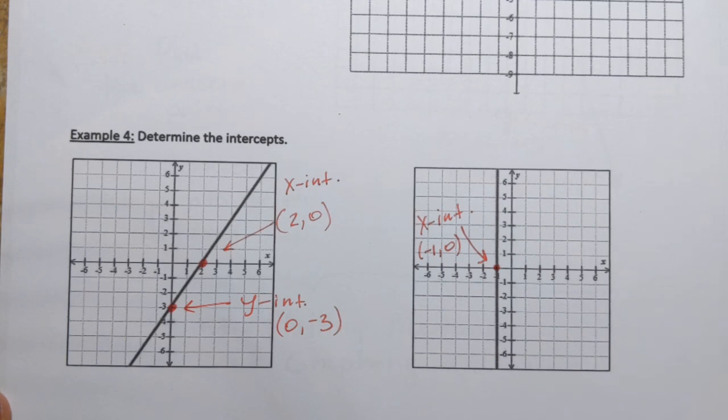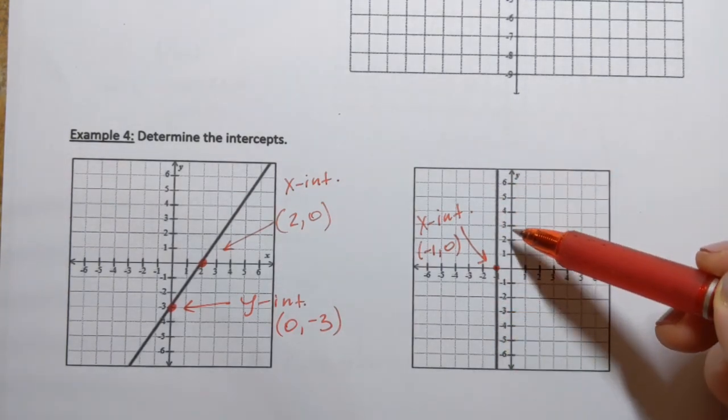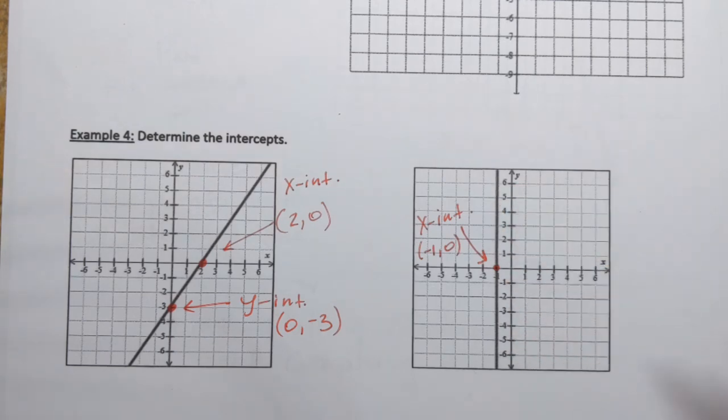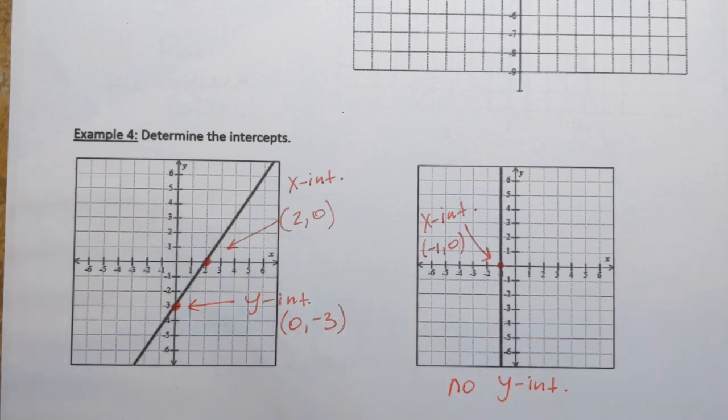Or I can just say -1. And does this graph cross the y-axis? No, they actually go parallel to each other, right? So that means that there is no y-intercept. And that's possible. For some graphs, it's possible to have no x-intercept or no y-intercept.